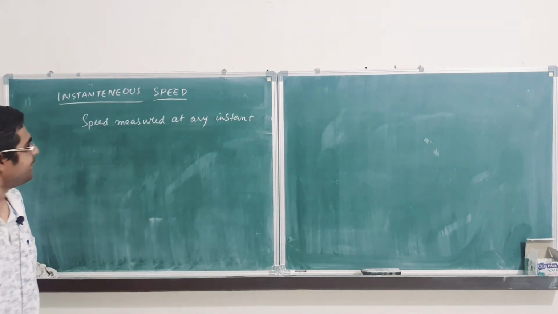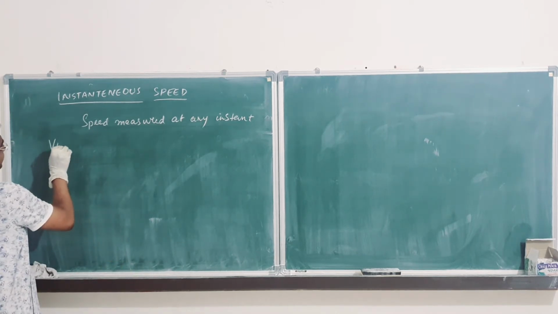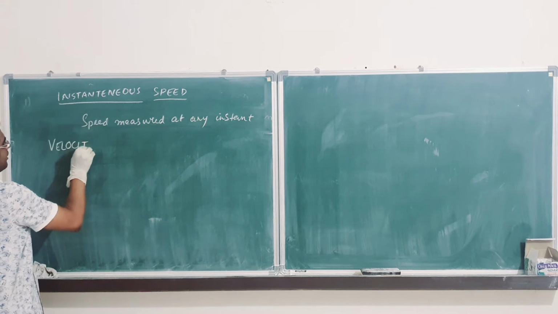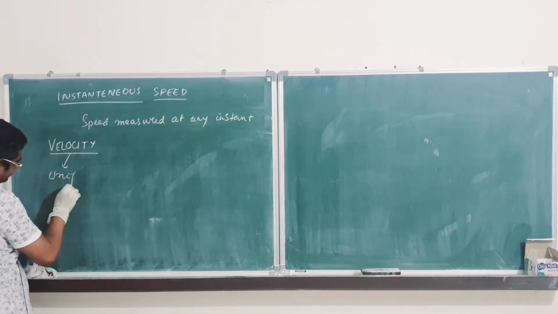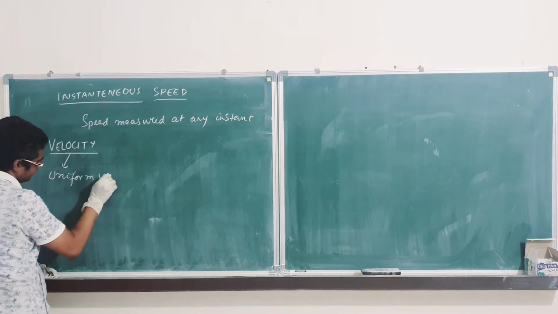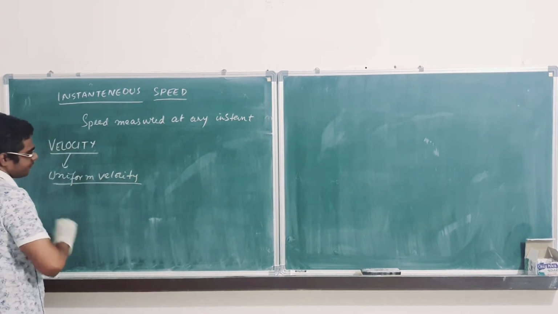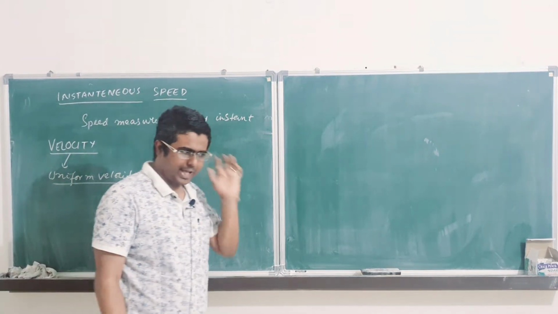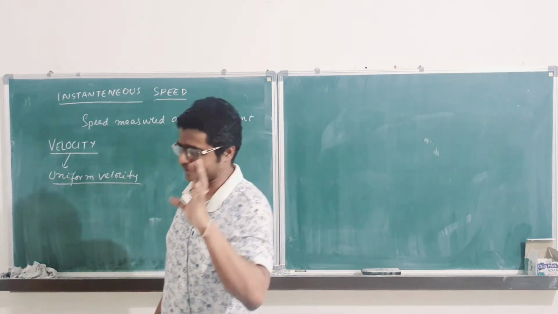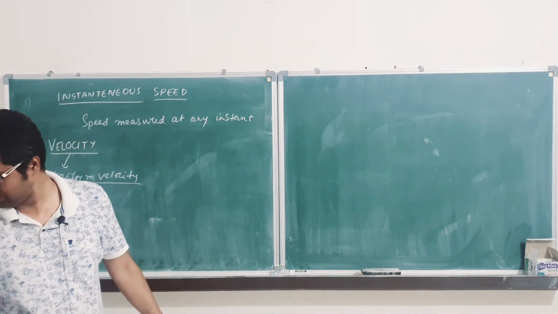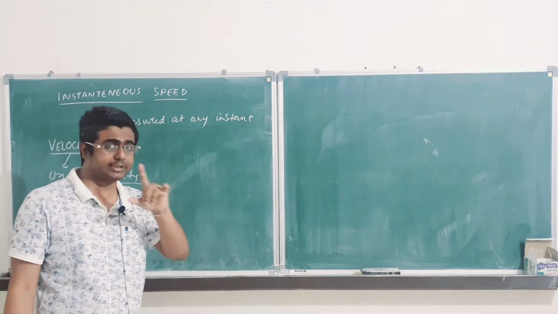Now we will be studying velocity, like uniform velocity. See, velocity has direction, that thing you have to remember. So when you talk about uniform velocity, there has to be a uniform single-way direction. Direction should not change.